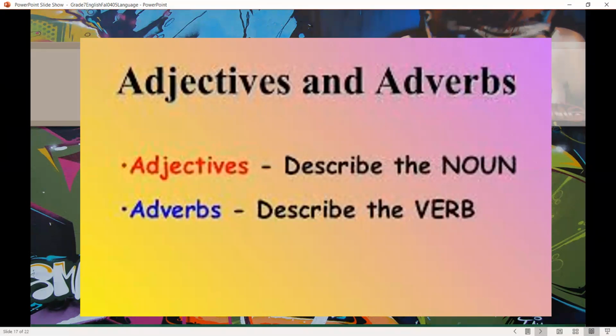So this is the sentence. Yesterday, we very carefully planted pretty flowers outside.